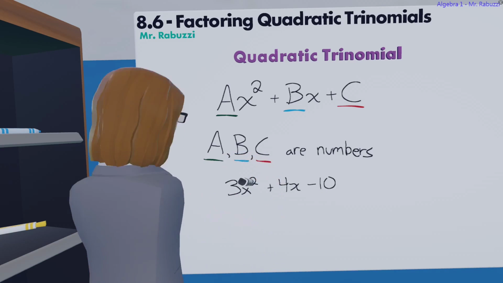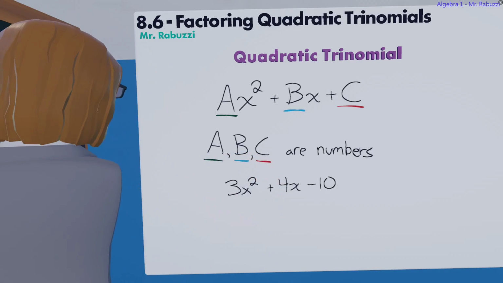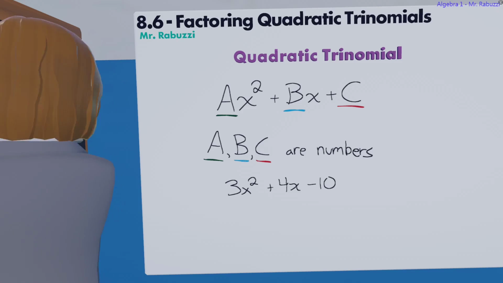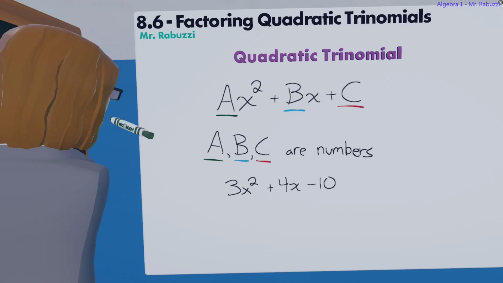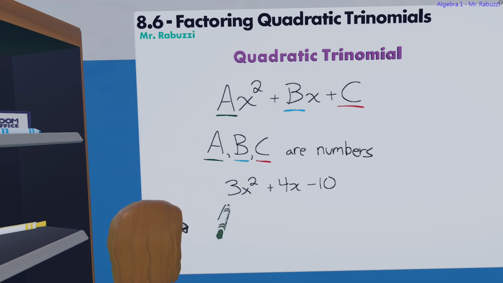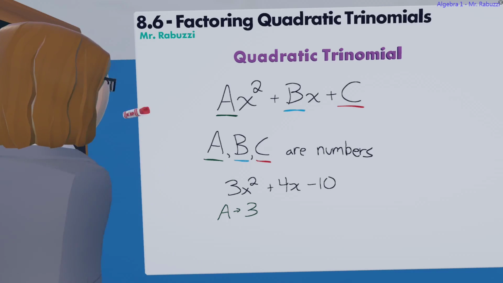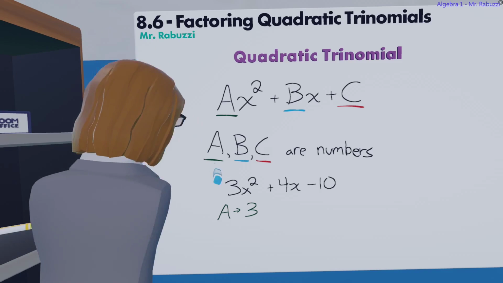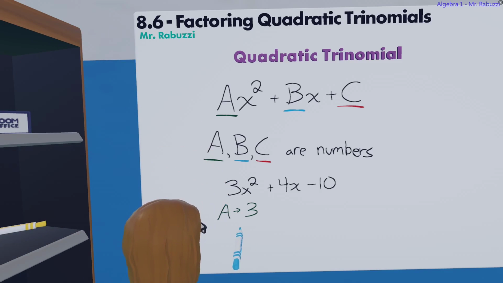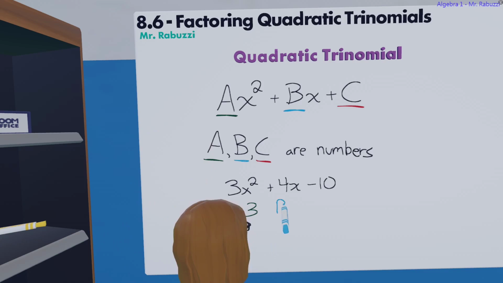Okay? So in this quadratic, we would say that A equals what? Our A number is 3. B is blue. Our B number is 4.